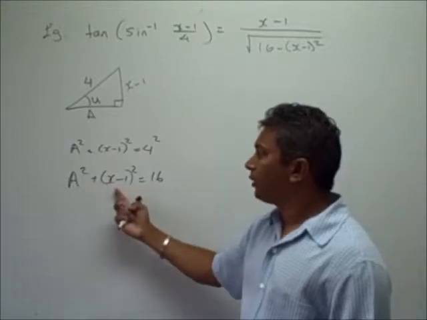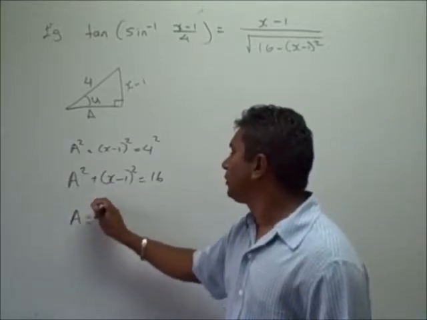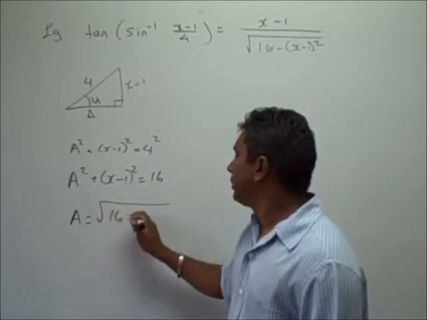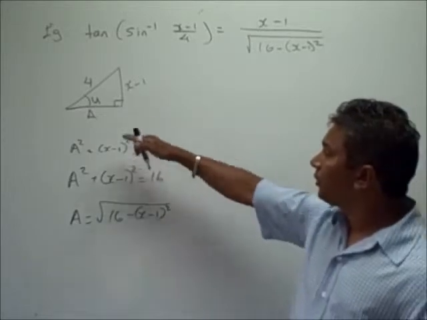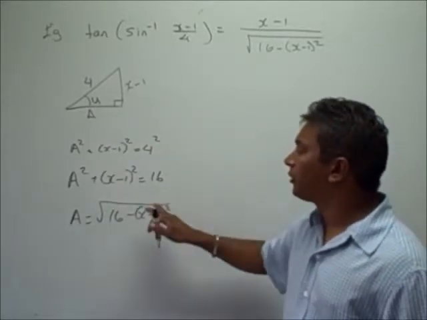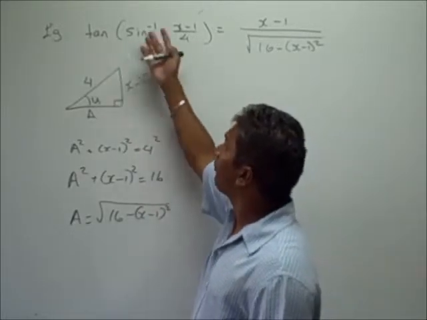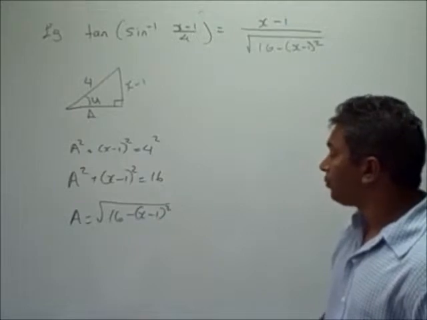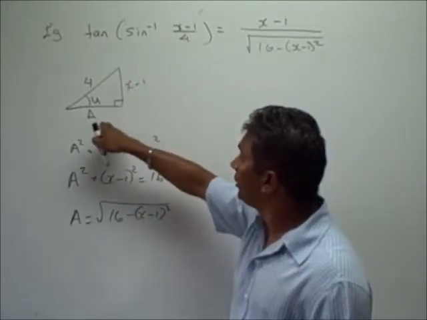If we subtract x minus 1 squared from both sides and take the square root, we have a is equal to the square root of 16 minus x minus 1 squared. So here our adjacent is the square root of 16 minus x minus 1 all squared. Now we're required to find the tangent of that. So tangent is equal to opposite over adjacent.